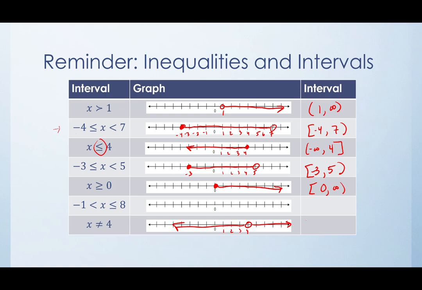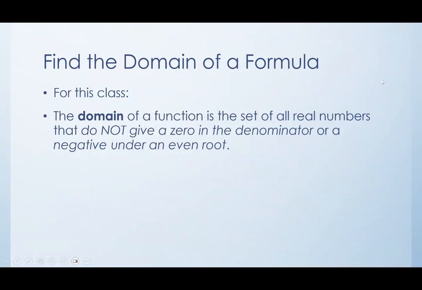This is the one that's a little hard to write in inequality notation, which is why I like for you to graph it out first, so that when you're reading from left to right, you can say, okay, I've got -infinity up to 4, not including 4, and then my next interval starts at 4, not including 4, and goes all the way out to infinity. So there's our quick review of inequality and interval notation.